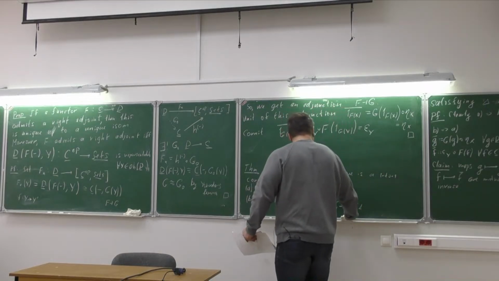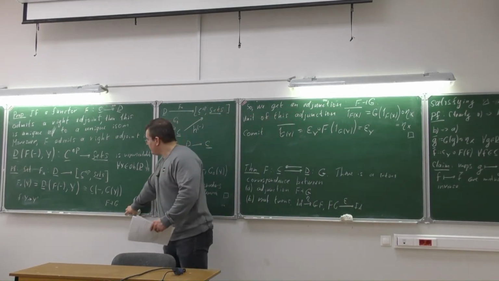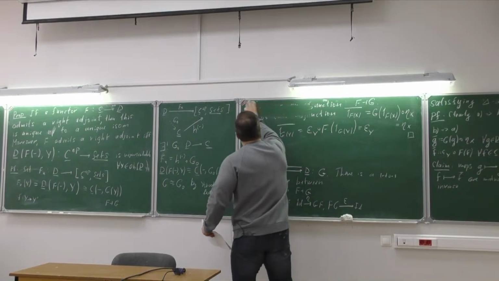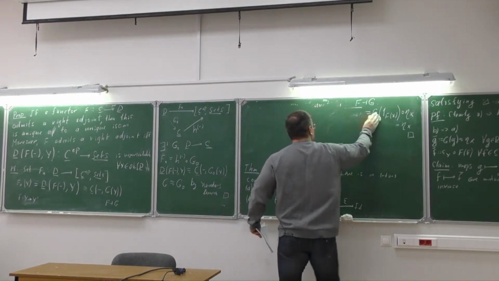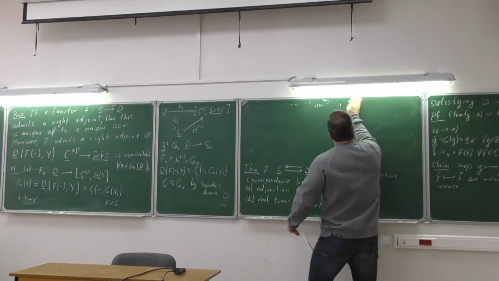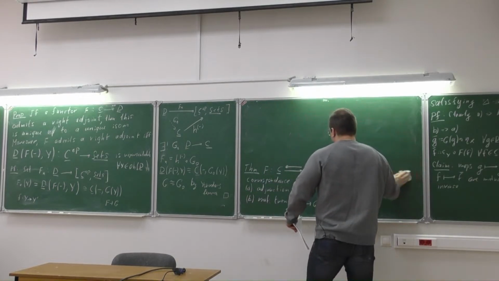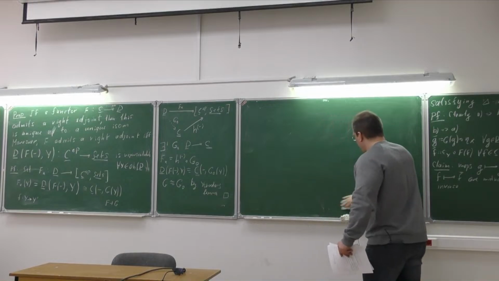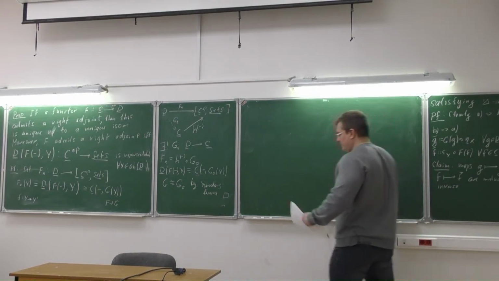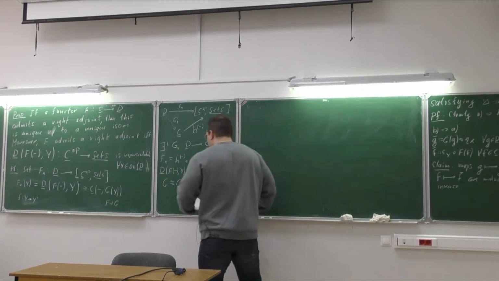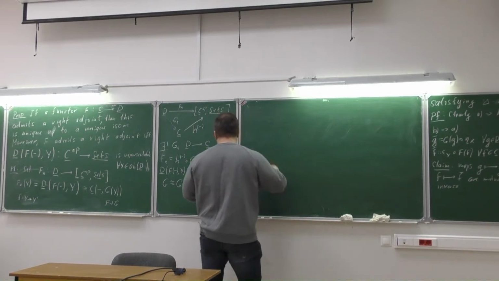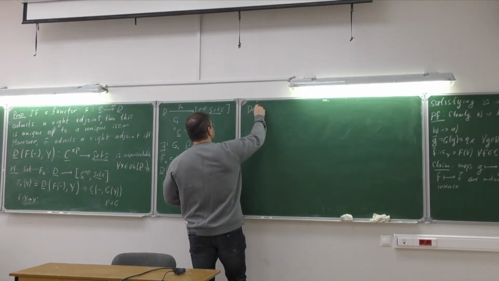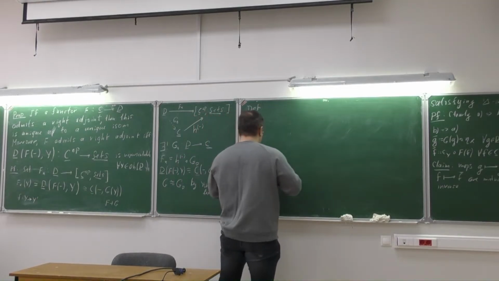Now, to work with the third way of describing adjunctions between two functors, I need to introduce a quite elementary notion, actually, of initial and terminal objects. So, definition, with several parts.